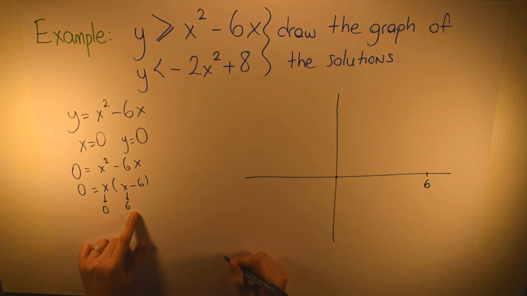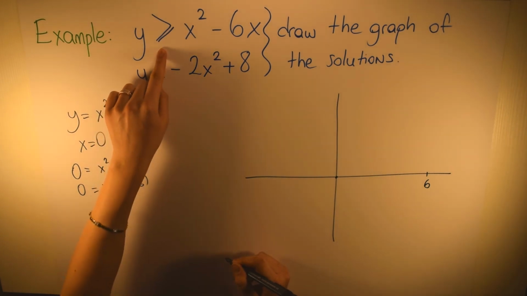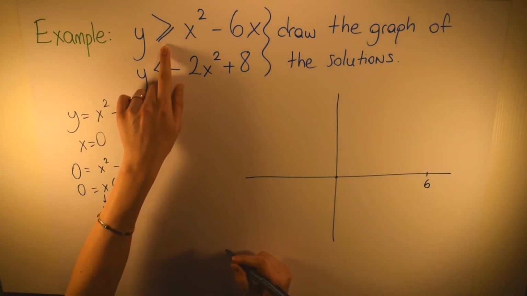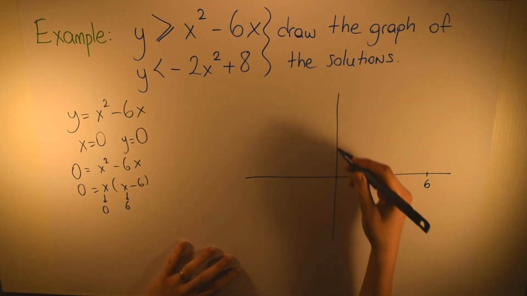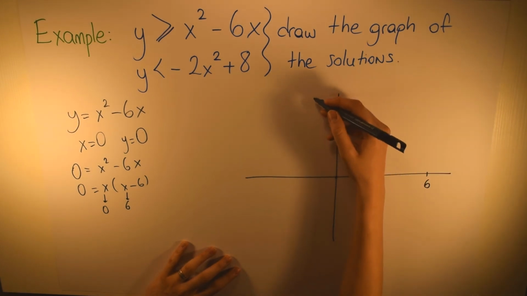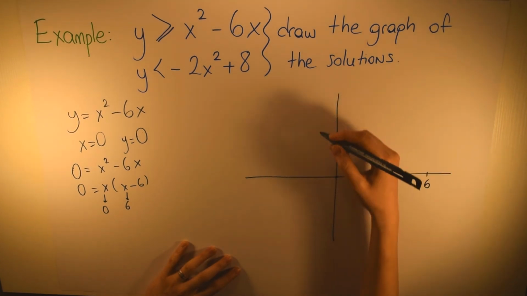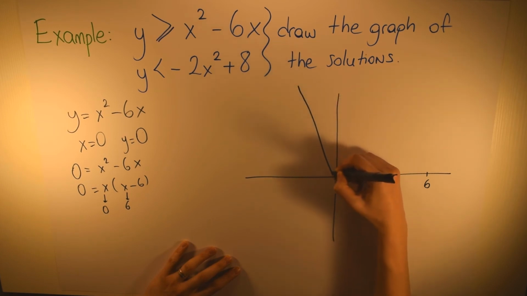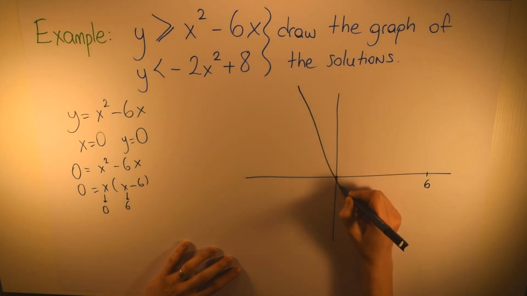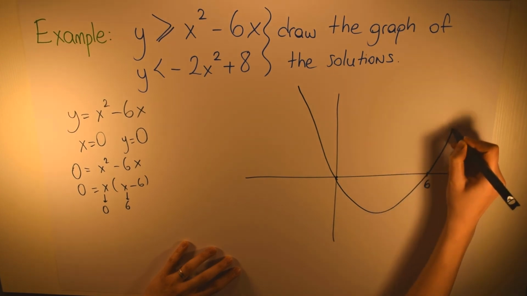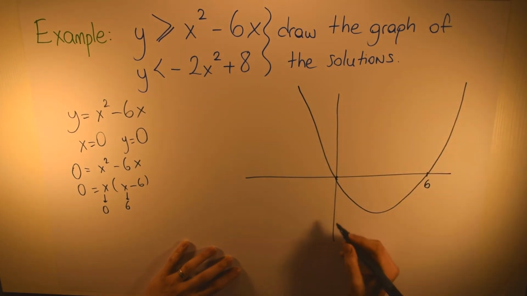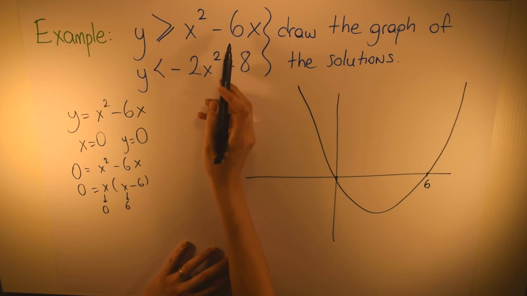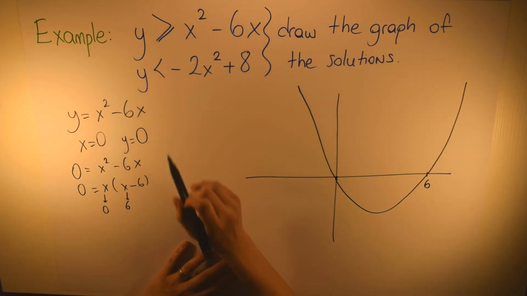Since there is also equality here, you draw your curve as a normal curve line, right? So it will be something like this. It will pass through this point, and then from here like this. So this will be your first inequality.